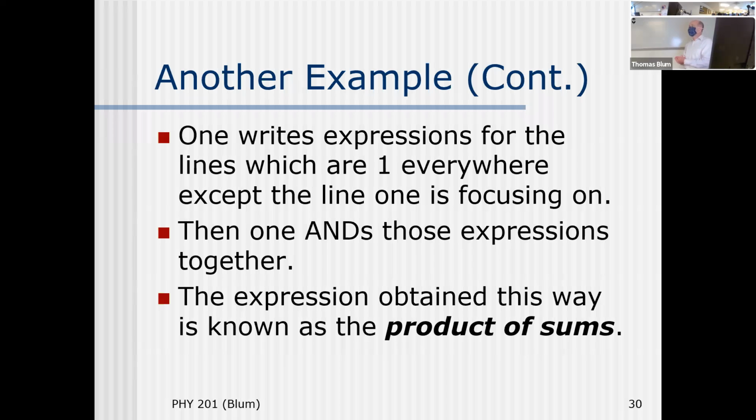Okay, so now we're going to write the opposite. Before we were doing the sum of products, now we're going to do the product of sums. All right, so now we're going to look for the zeros and write an OR expression and then AND those OR expressions. So we're going to write something that is a sum, which corresponds to OR, and then we're going to make a product of them, which is an AND.